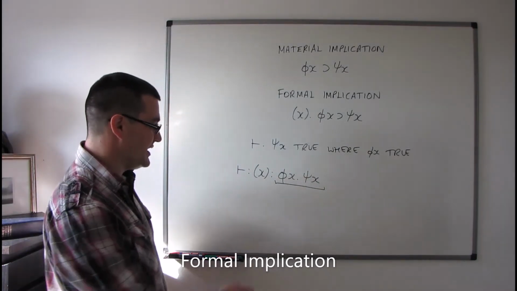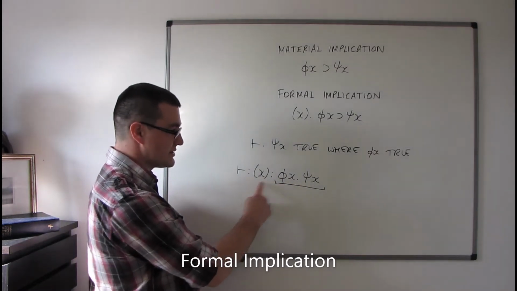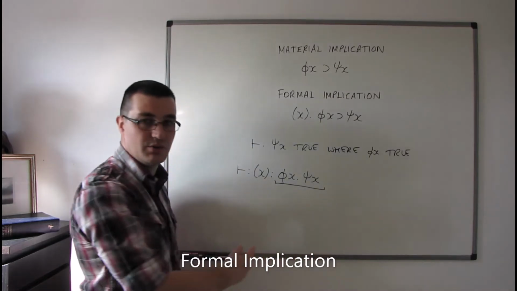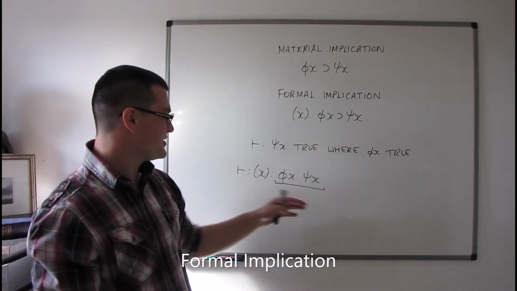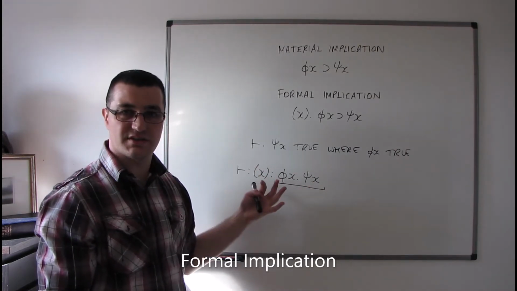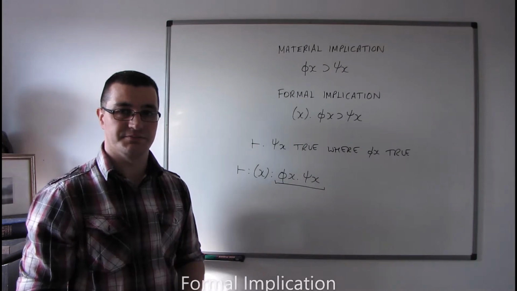Now I could say phi x and psi x always where phi x is true, but then how is that any better than what I've done here? So this doesn't seem to be an appropriate substitution. Let's consider another possibility.